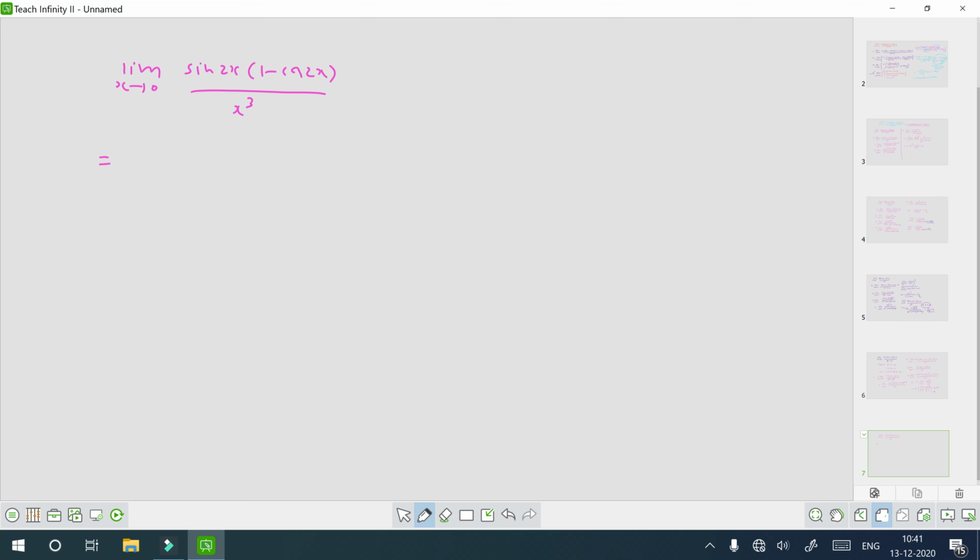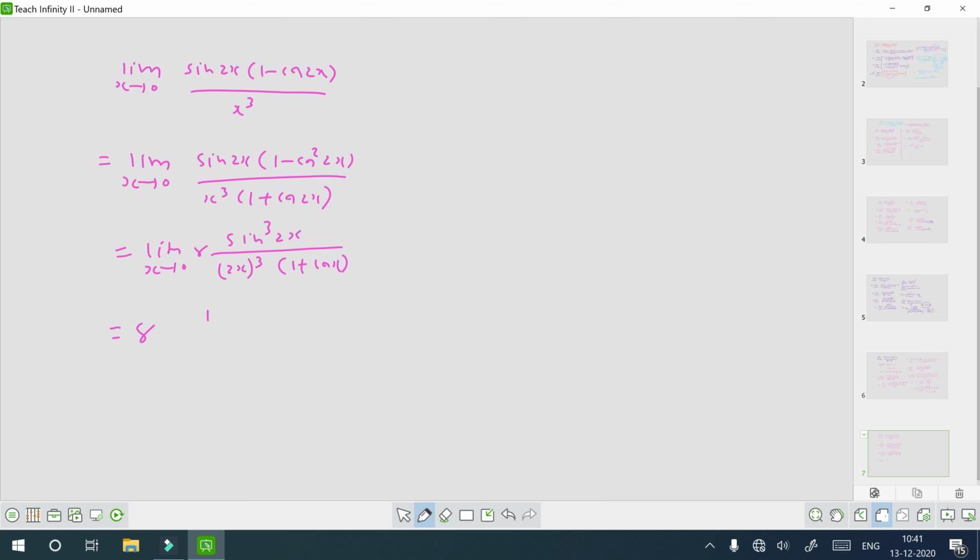That is equal to limit x tends to 0, sin 2x is there, rationalize it: (1 minus cos squared 2x) over x cube into (1 plus cos 2x). In the numerator, what do you get? Limit x tends to 0, sin cube 2x over (1 plus cos 2x). We need here 2x whole cube, so multiply and divide by 8.